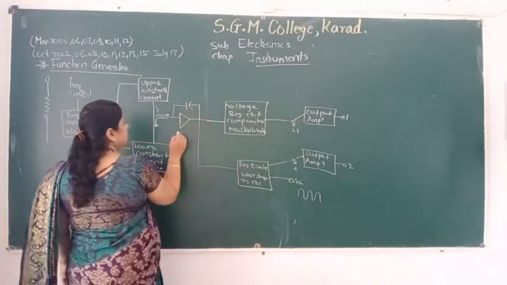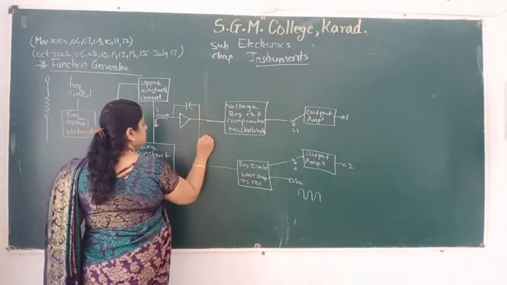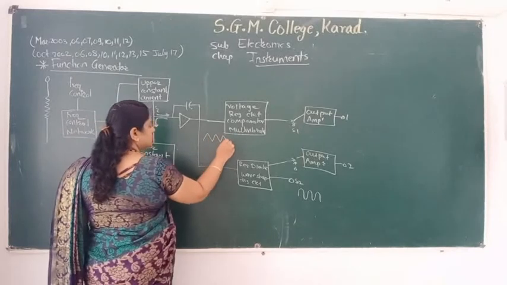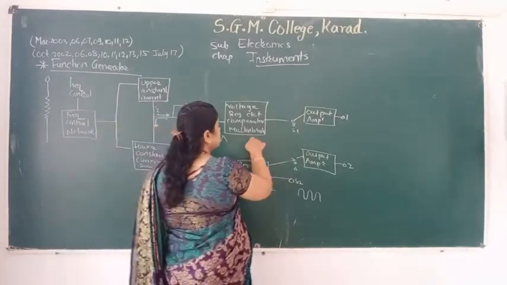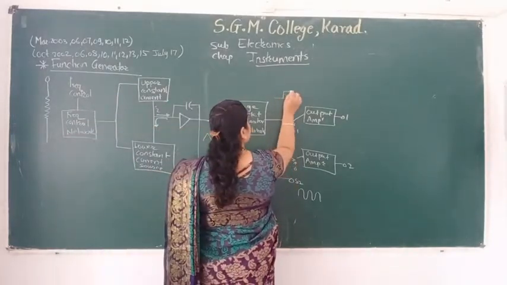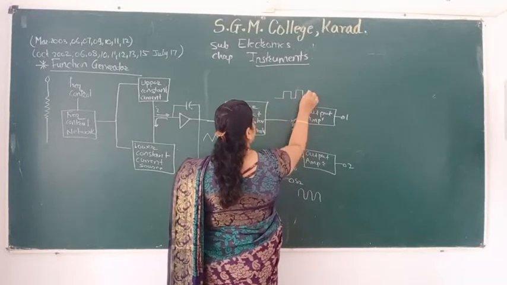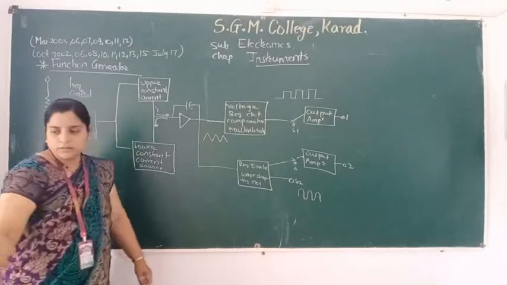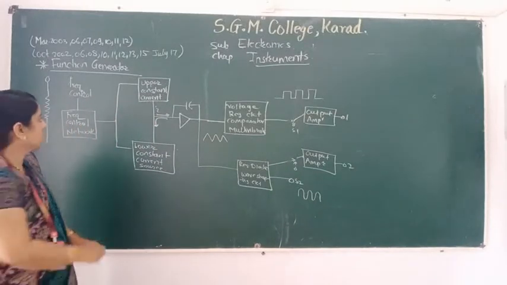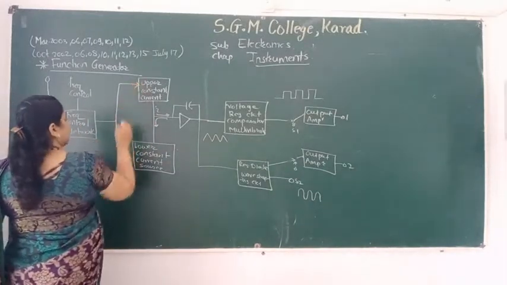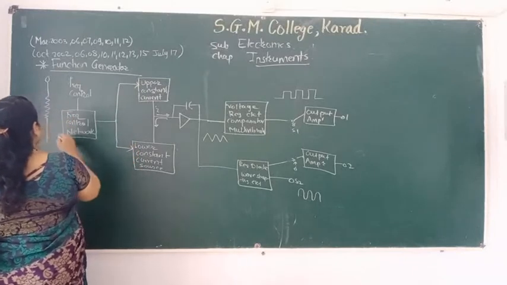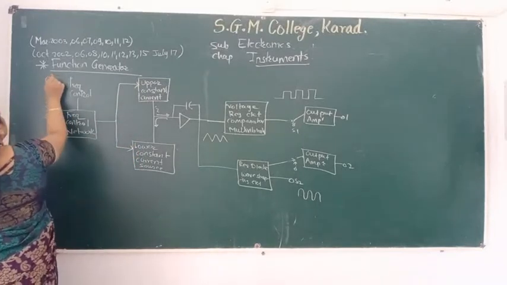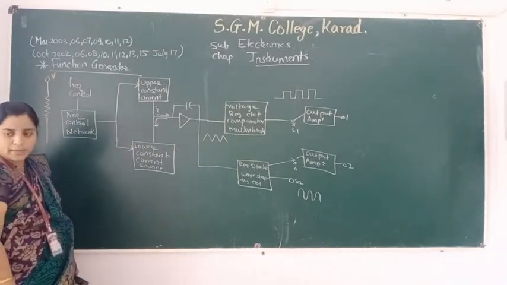Output of the integrated circuit is having a triangular waveform, and the output of this multivibrator is having the square waves. Okay. So these are having two current sources. Here voltage V is applied.